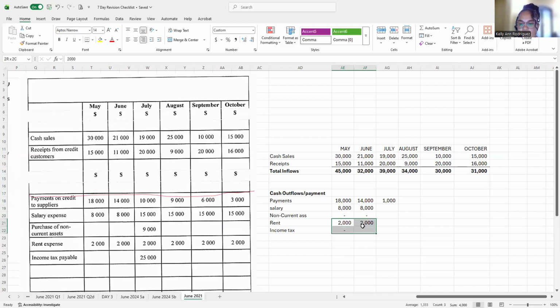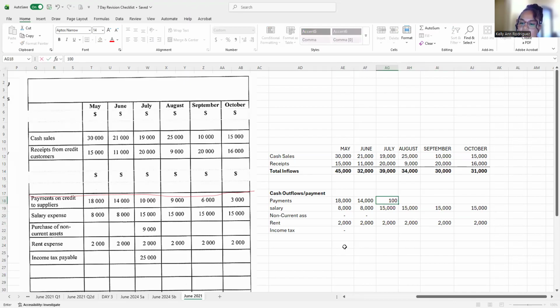Here, at least here is 2,000 going straight across the board, so I could fill in that right there. All right, here's 15,000. 15,000. Going straight across the board, we could fill it in right here as well. 10,000, 9,000, 6,000, and 3,000, right?